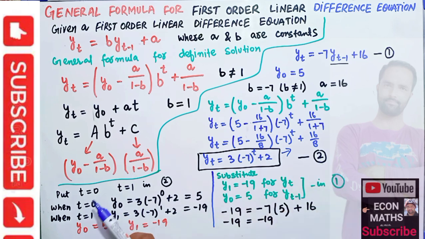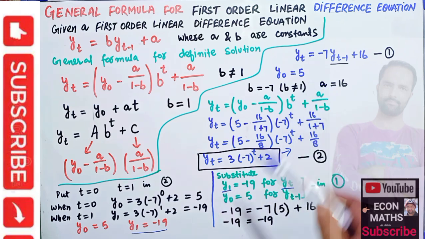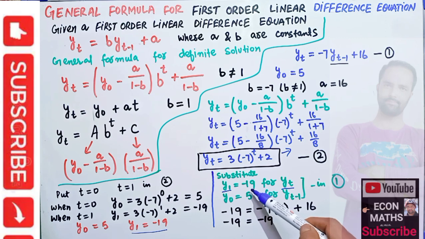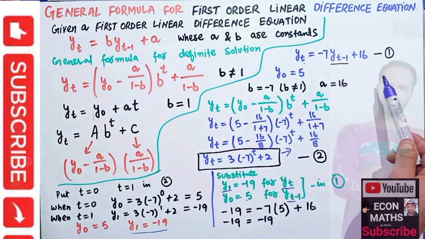When we put t is equal to 0, we got y naught is equal to 5, and when t is equal to 1, y1 came out to be minus 19. After that we substitute y1 is equal to minus 19 for yt, and y naught is equal to 5 for yt minus 1 in the first equation.